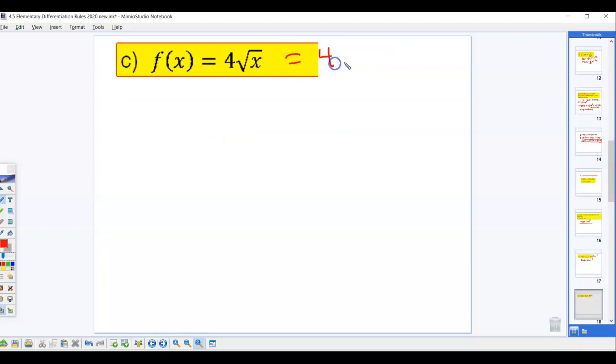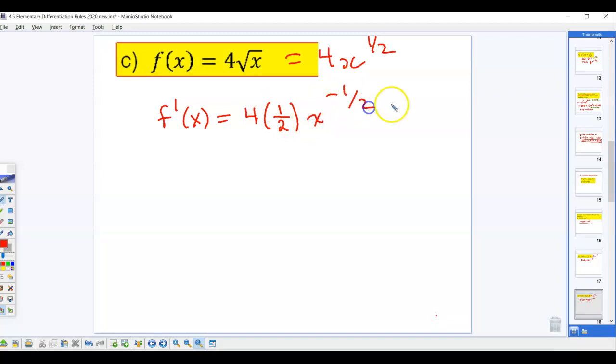First, I need to rewrite my radical as a fractional exponent. And now to take the derivative, a 1/2 comes out front. So I'll show you all the steps here. It's going to be 4 times 1/2, and then I subtract 1 from the exponent to get negative 1/2. To simplify, 4 times 1/2 is 2, and I have x raised to the negative 1/2.